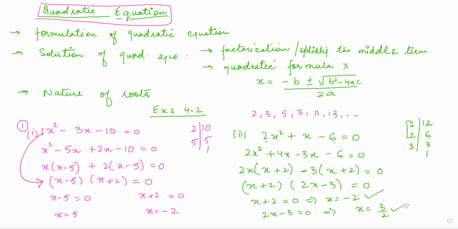So where were you wrong, Martin? I took minus 3x plus 4 in the splitting. Yeah, that way also you can do it. Let us do it. 2x square plus x minus 6 is equal to 0, so you are writing it as 2x square minus 3x and plus 4x, right? No problem, you can write like this. Now you can take only x common, so you have 2x minus 3 from the first two terms.